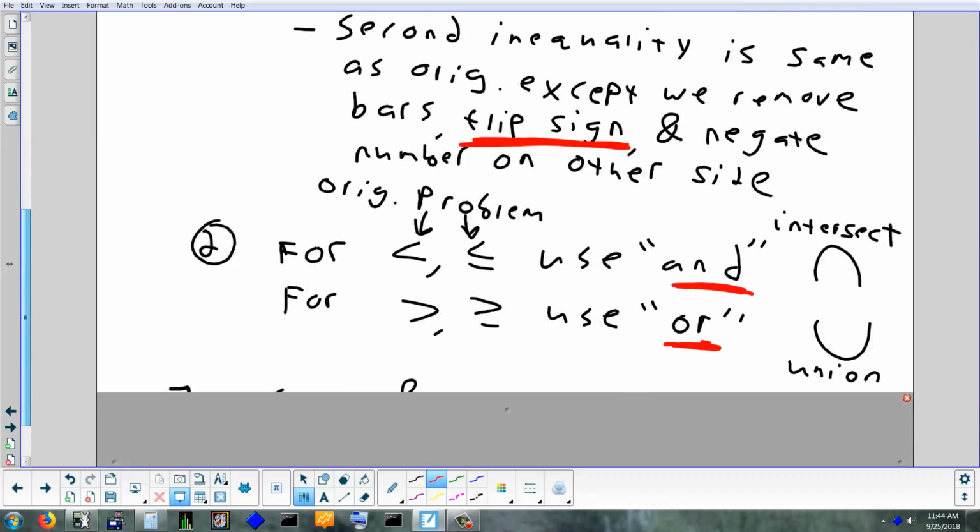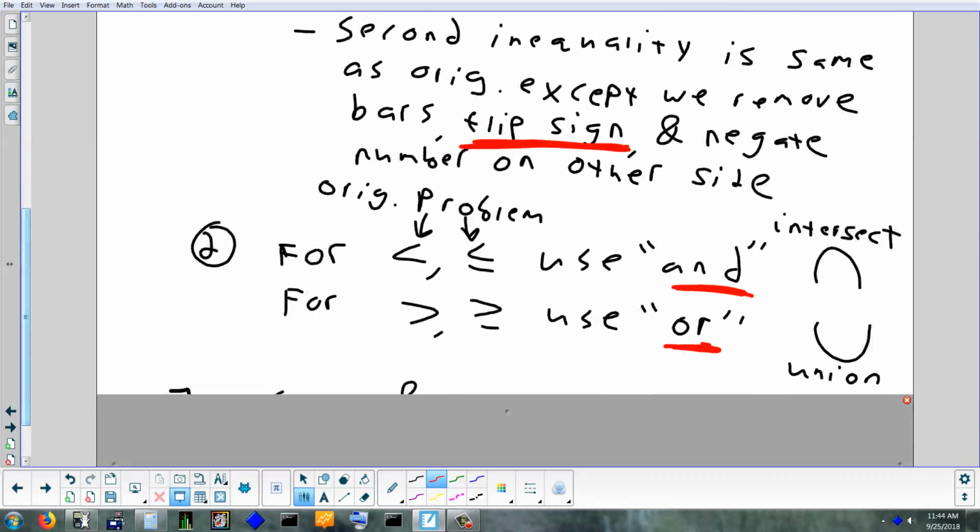Now, yesterday we always used the word and. When it was an absolute value, it was x equals 2 and x equals 7. Today you have a choice. Sometimes you use the word and, sometimes you use the word or. How do you tell? Look at the original problem.